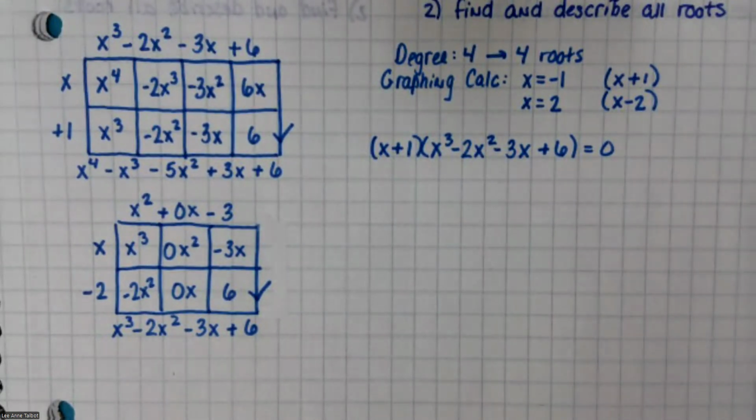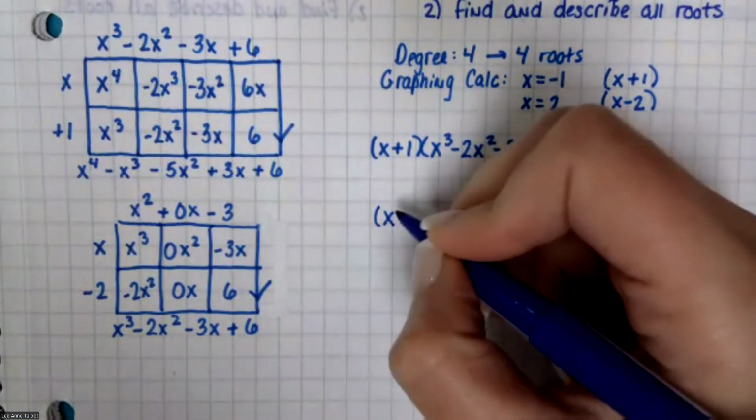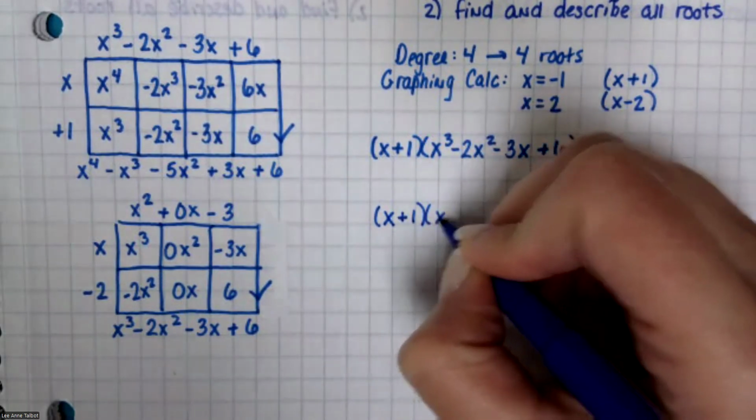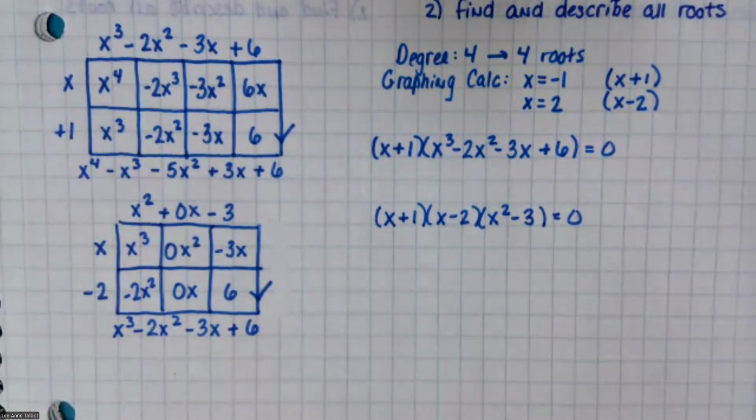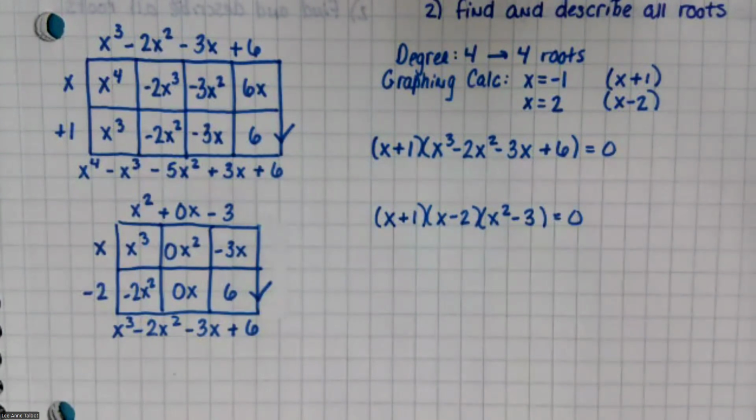A little bit of a spicy division problem there. So I had the side and the top, factored this one, and then factored that piece to be this and this.